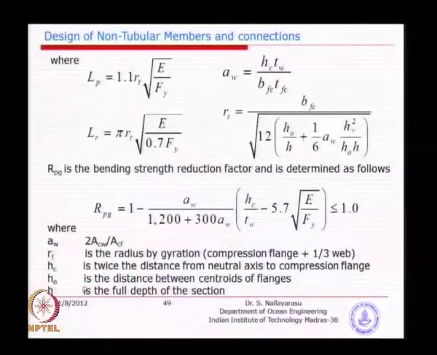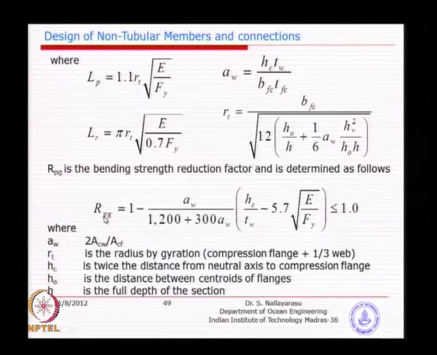This is the only parameter that will differ when it is a short girder or a long-depth plate girder. So, you just have a multiplication factor. Now, if you look at this parameter, aw is the ratio of the web part on the compression side to the compression flange: 2 times the compression web side divided by the compression flange, that is aw. h is the full depth, ho is the distance between the centroids of the flanges. hc is the distance from the neutral axis to the compression flange, you multiply by 2, just a definition. rt is the radius of gyration.